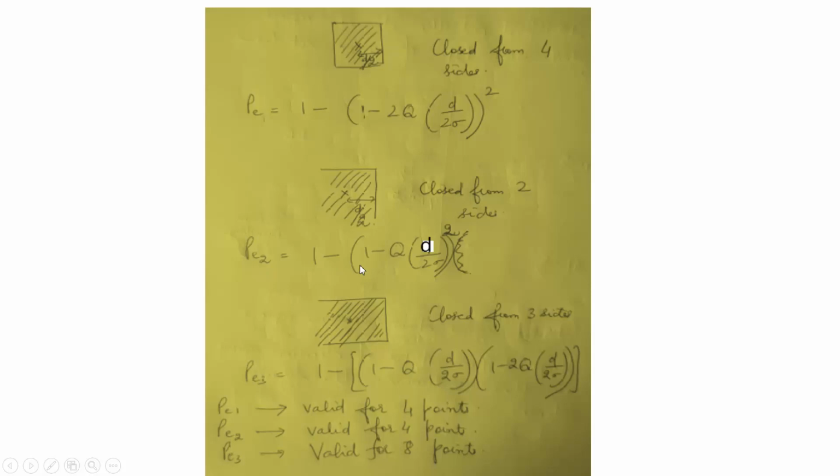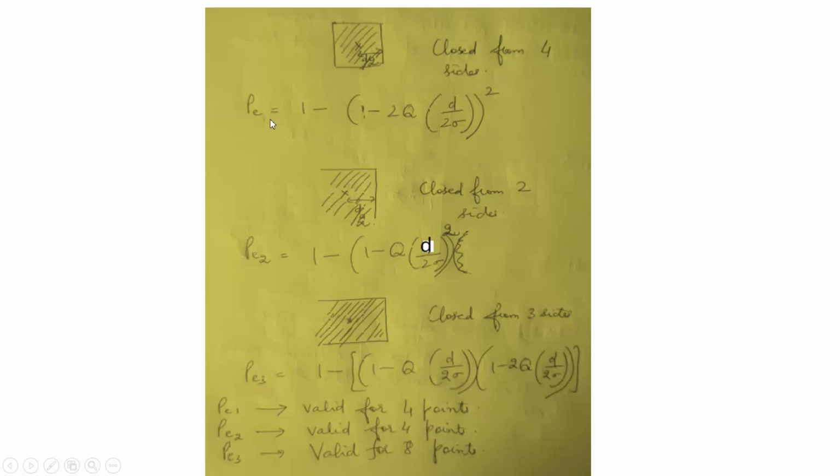The formula we have already calculated in my previous lecture. And the third type of decision region is closed from three sides, and I denote the probability of error for this type as PE3.